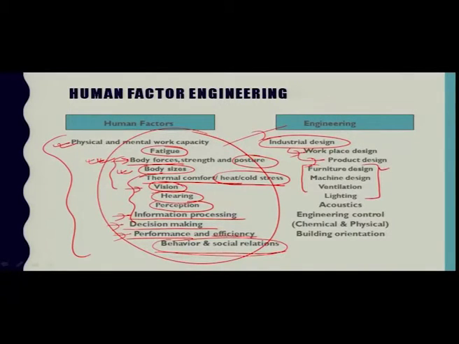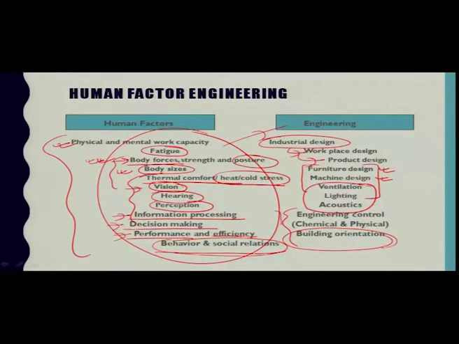whether it be furniture design or machine design. As far as thermal comfort is concerned, we take care of ventilation, lighting and acoustics. In other areas we take care of engineering control, whether chemical or physical, and building orientation, where the building is the place where all workers perform their work.